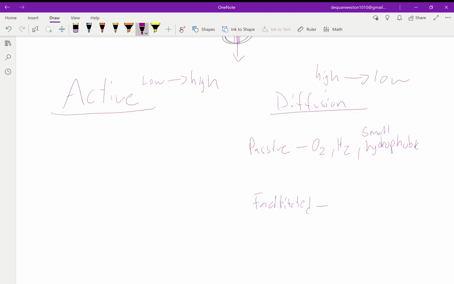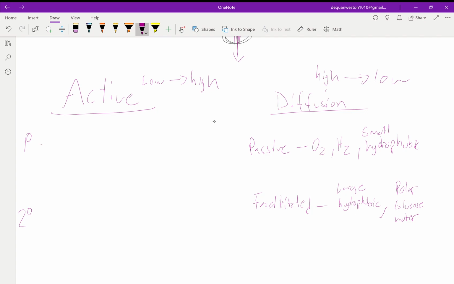For facilitated, it'll be for things like large hydrophobic possibly. But more importantly, it's going to be for your polar molecules, things like glucose, maybe water, things like that. Now active, there's primary and secondary.